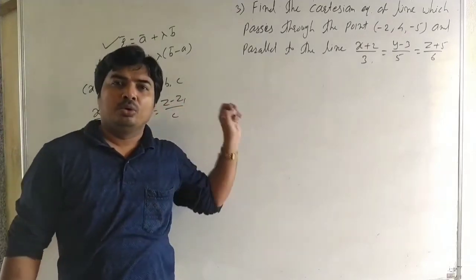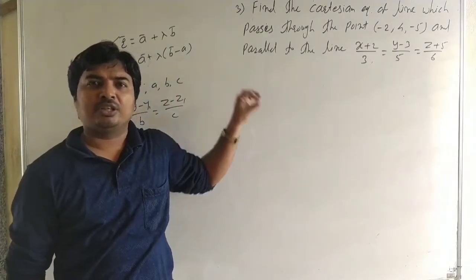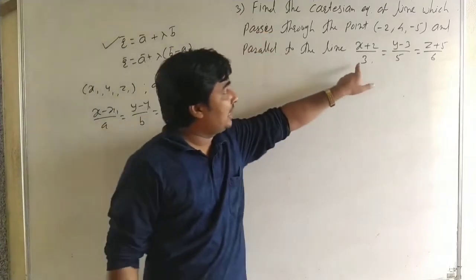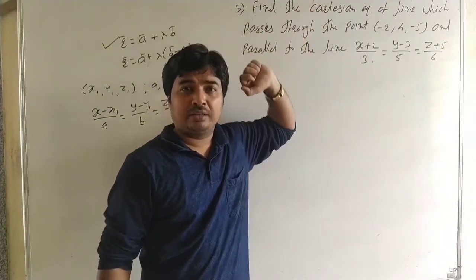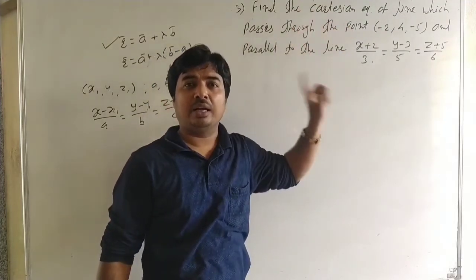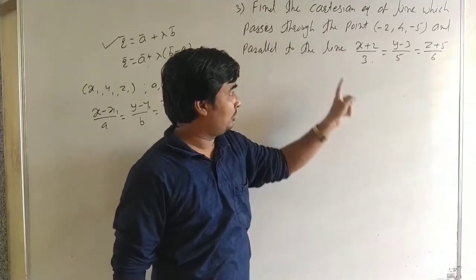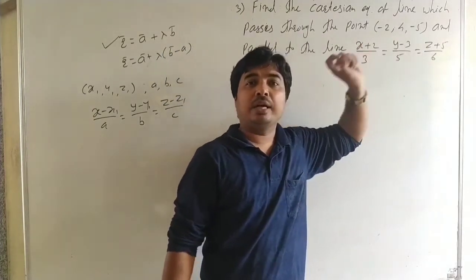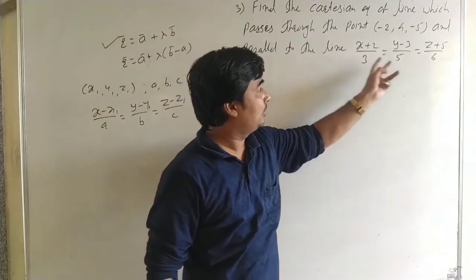Now we know only the direction ratios of that line. But it is given that this line is parallel to the required line, that means the direction ratios of the given line and the required line are the same. The direction ratios of the given line are 3, 5 and 6. Therefore the direction ratios of the required line are 3, 5 and 6.